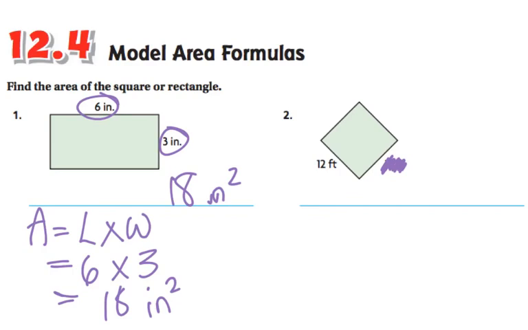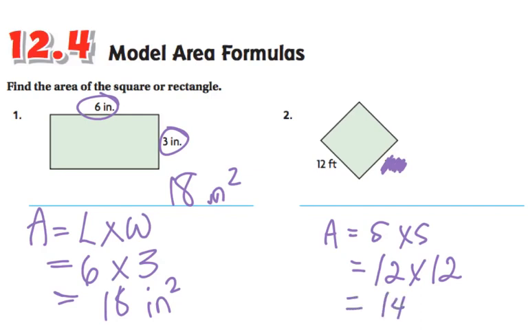We need to understand that because it's a square, my equation is side length times side length. So it's simply going to be 12 times 12. Hopefully we have that one memorized too. That's going to be 144. Don't forget our units. It's square feet, or feet squared.